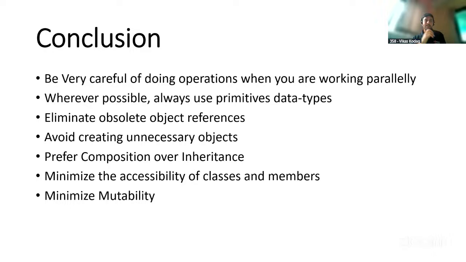Okay. The third point is we should always eliminate obsolete object references. What this means, as we already discussed, heap space stores the object, stack space stores the references to those objects, and we use these references in our code. So any object which is not usable henceforth, we should be deleting the references to those objects, and thereby we allow the garbage collection process to collect these objects and then remove them from our heap space.